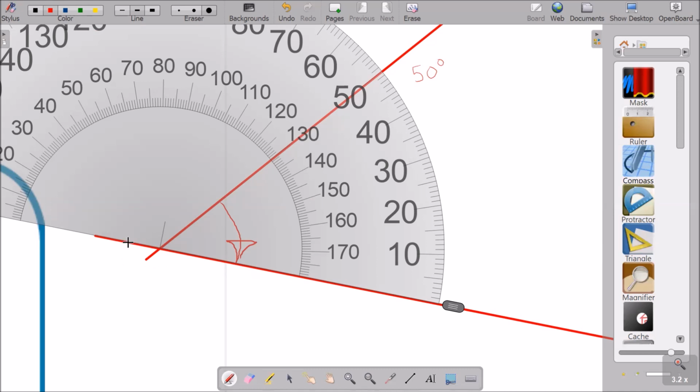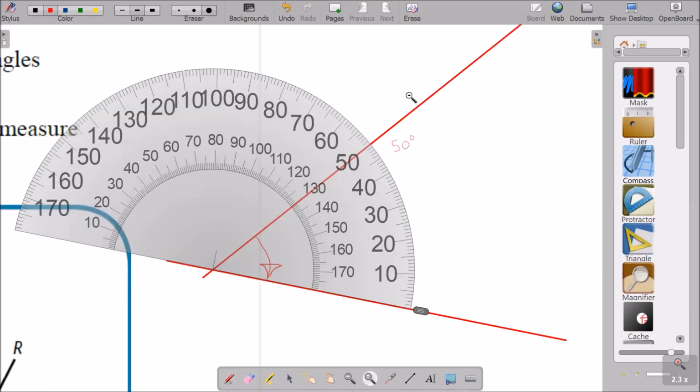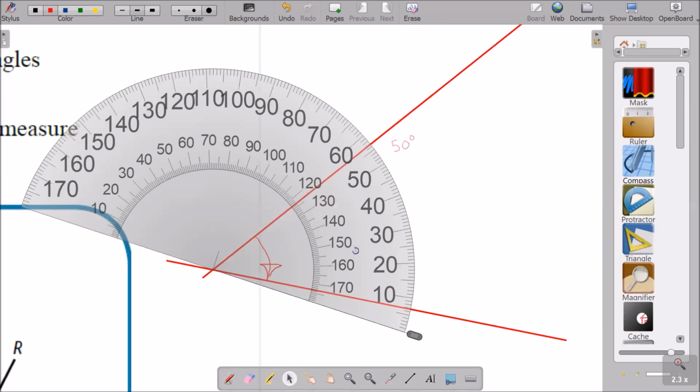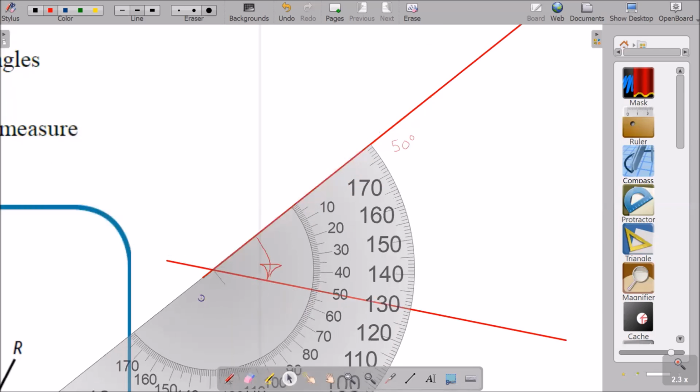So the zero line is seated on one of the sides, and then we measure from there going up. We could use this other line for the zero line, and then measure from there. So we just turn our protractor.